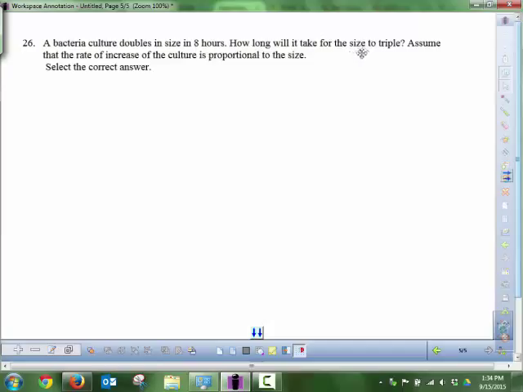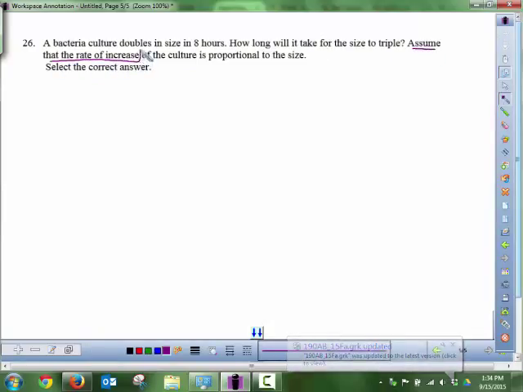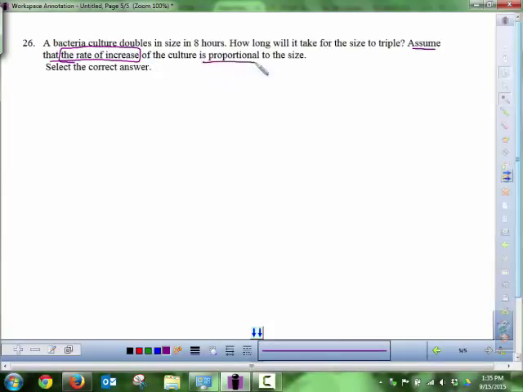How long will it take for the size to triple? Assume the rate of increase. So these are the words that get translated. The rate of increase, that's d something dt, of a culture is proportional to the current size. Okay, so those are the key words.